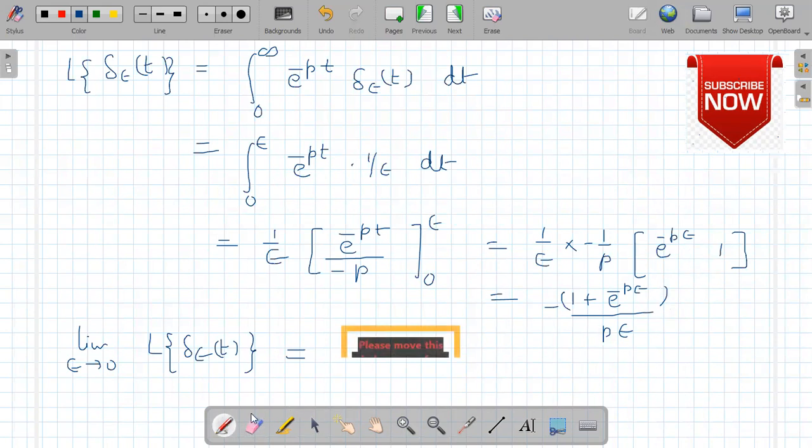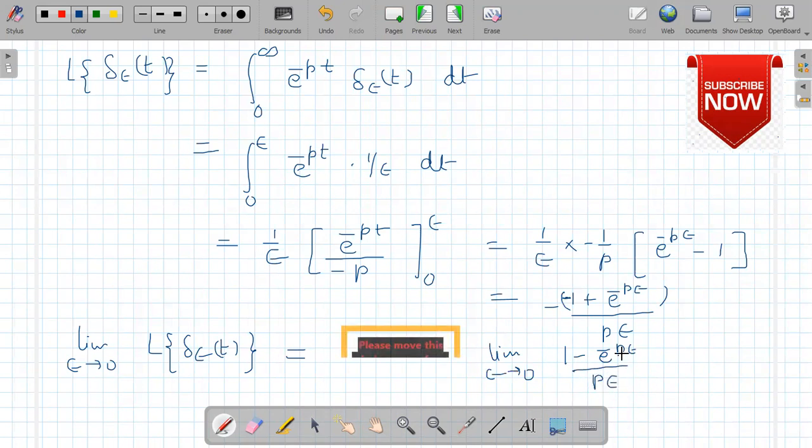There is a negative minus 1 here, and this is negative minus. So we take the limit of this expression as epsilon tends to 0. This can be written as 1 minus e to the power minus p epsilon over p epsilon.